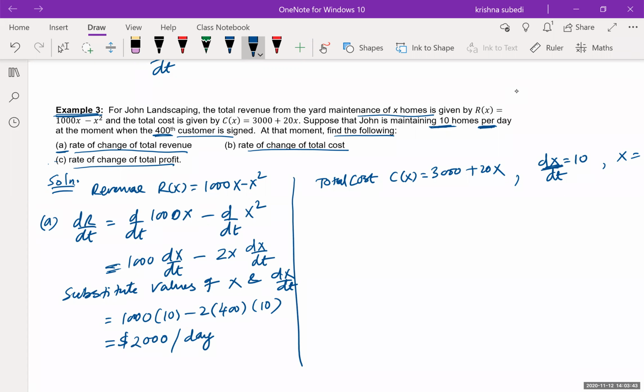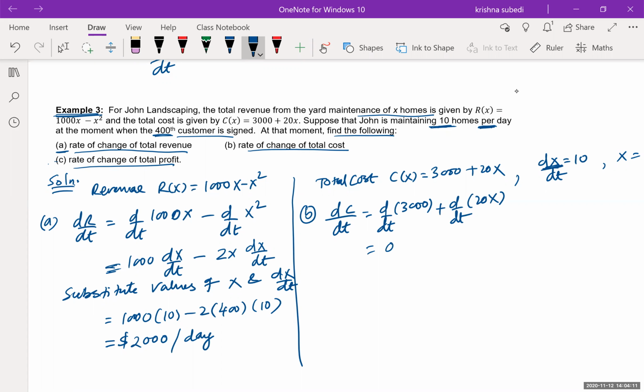Now let's look at B. Let's try solving B. Rate of change of the total cost. So the cost function is already given, so we want to find rate of change, means dc over dt. So differentiate both sides with respect to t. So you will get d over dt of 3000 plus d over dt of 20x.